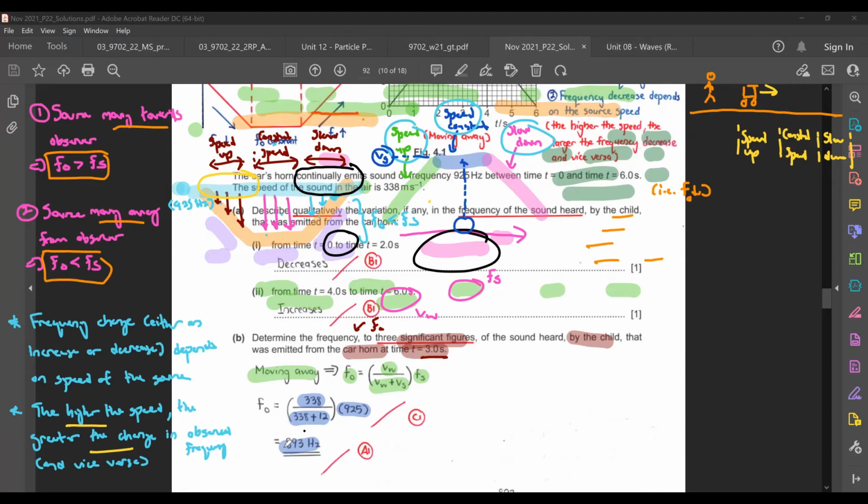Okay. So another thing to mention also when you're talking about the Doppler effect equation, source moving towards the observer, you by now should remember this by heart.